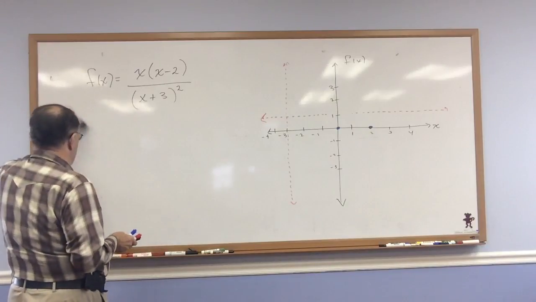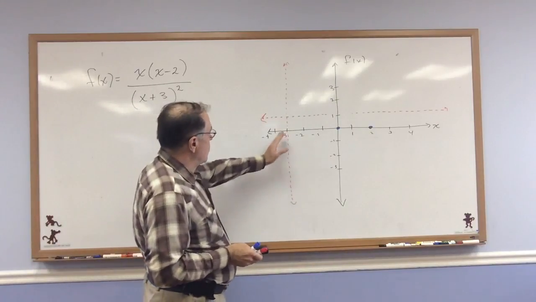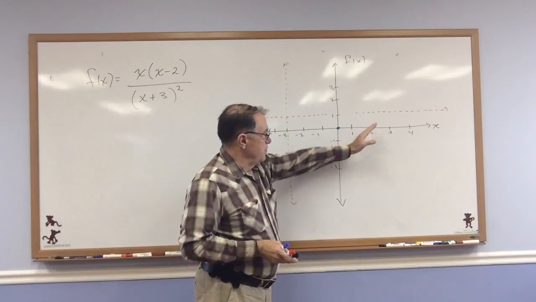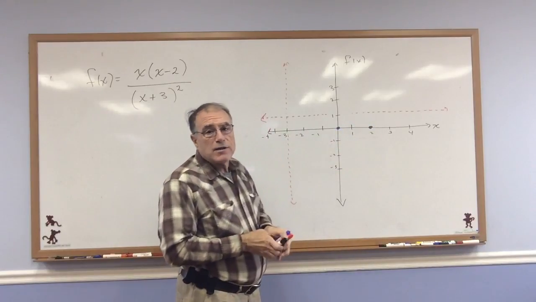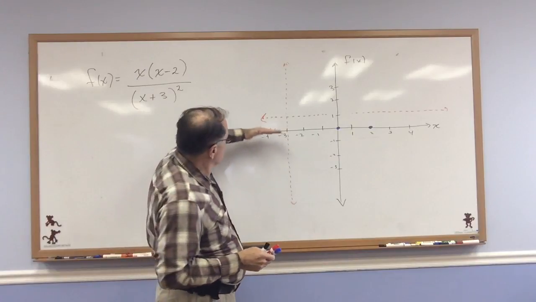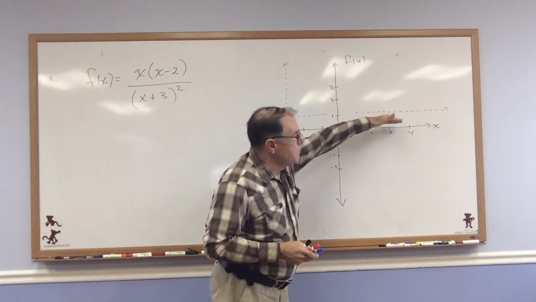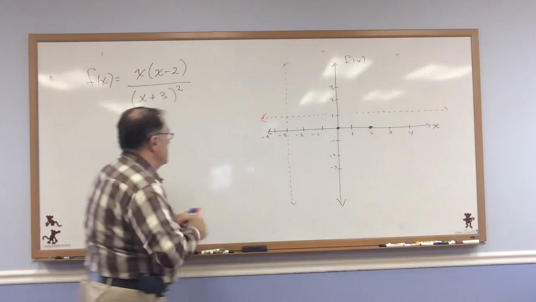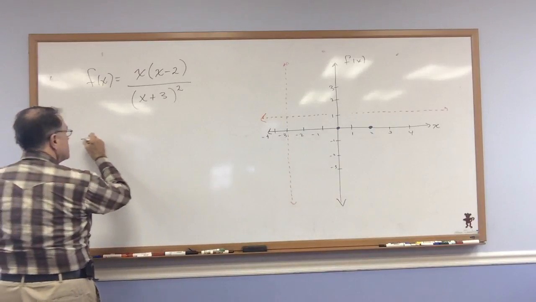Now, we have 1, 2, 3 critical points along the x-axis, and they divide this axis into 1, 2, 3, 4 intervals. So let's list those intervals here.